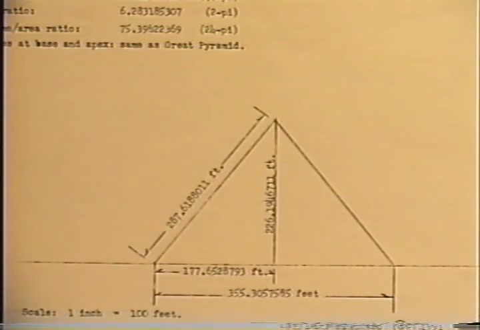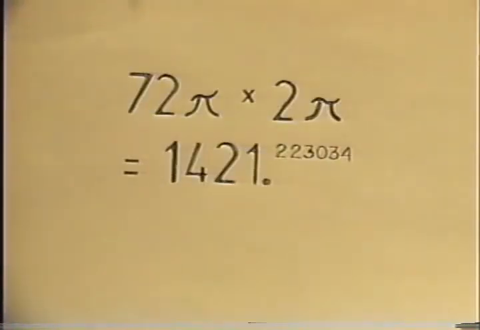The Egyptologists don't know it yet, and I dare say they will not care to, but the Mycerinus was a true miniature of the Great Pyramid, another 3D model of pi and double pi, which means that when we multiply its 72 pi height by double pi, it will become the length of its perimeter baseline. 1,421.223 feet.